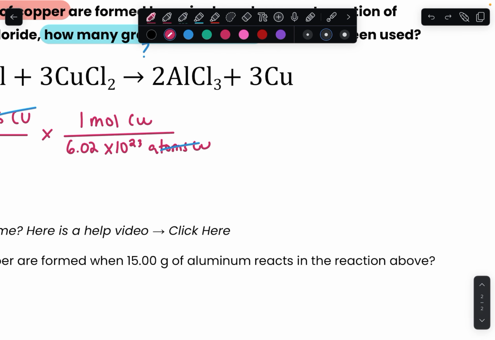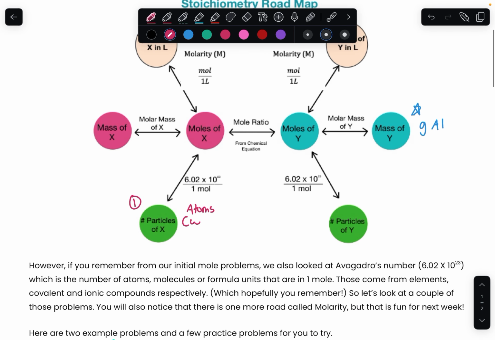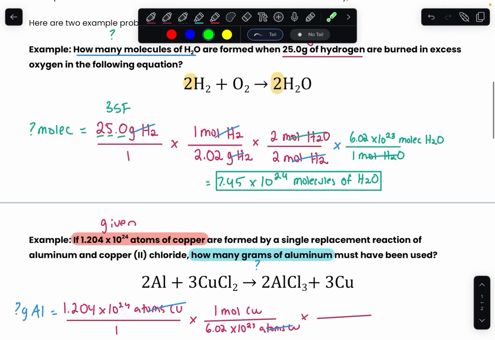Now we are in moles of copper. We are looking to get to grams of substance Y, the other substance. To get to grams of aluminum, we are currently in moles of X. We've got to use our mole to mole ratio to get to moles of aluminum, or moles of Y. That will require a mole to mole ratio.